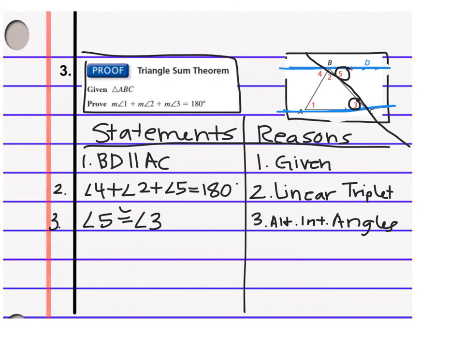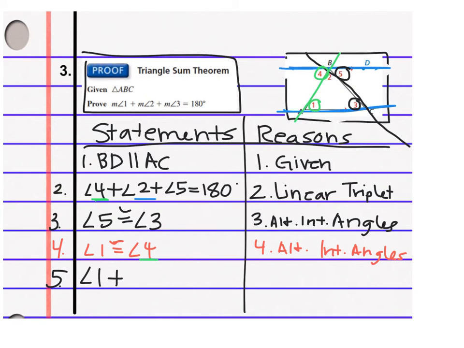Okay, and we can basically just say the same thing on this side, 1 and 4. Angle 1 is congruent to angle 4. And those are also alternate interior angles. Then what I can do here is, if you look back up here, angle 4 is congruent to angle 1, so I'm going to change that to angle 1.